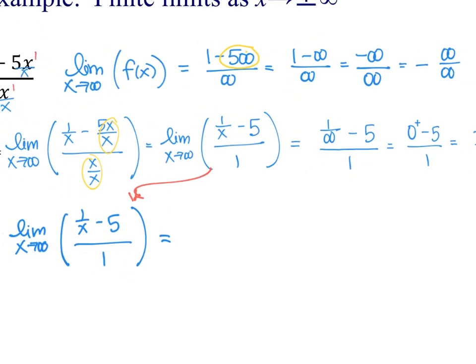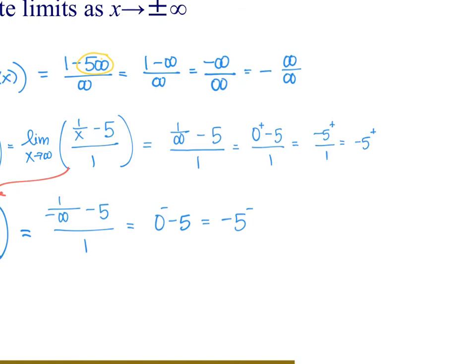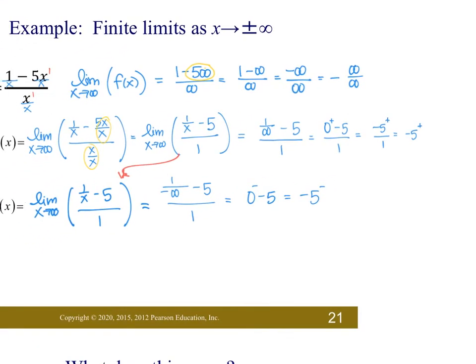So 1 over negative infinity minus 5 over 1. And again, 1 over negative infinity is 0 minus 5. I'm not going to put over 1 anymore because the denominator of 1 is irrelevant. So 0 minus 5 is negative 5 minus. So I got negative 5 plus and negative 5 minus for my two limits.